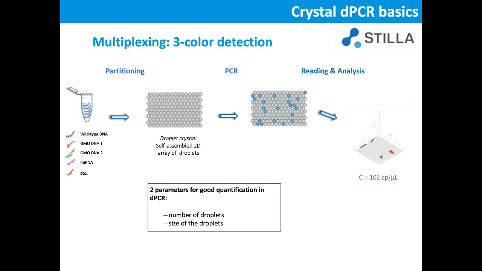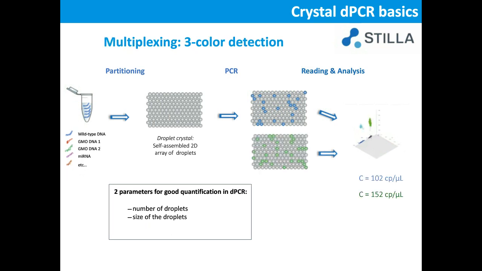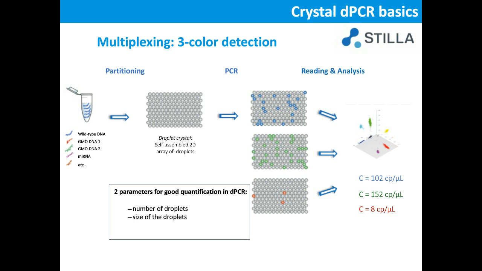Here's an example of the Naica systems where you partition your samples, you amplify your samples, then you will detect positive droplets in the blue channel, in the green channel, and in the red channel. So you can at least monitor 3 different populations in one well. And the idea is to save samples and to monitor different targets at the same time.